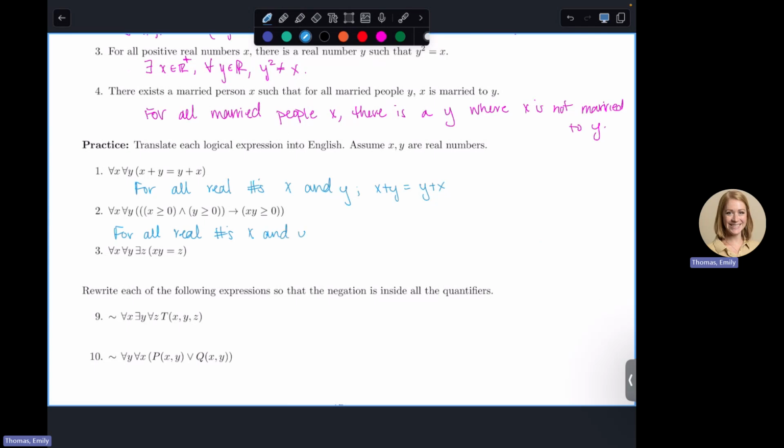The next one, for all real numbers X and Y, if X and Y are non-negative, then X times Y is non-negative.